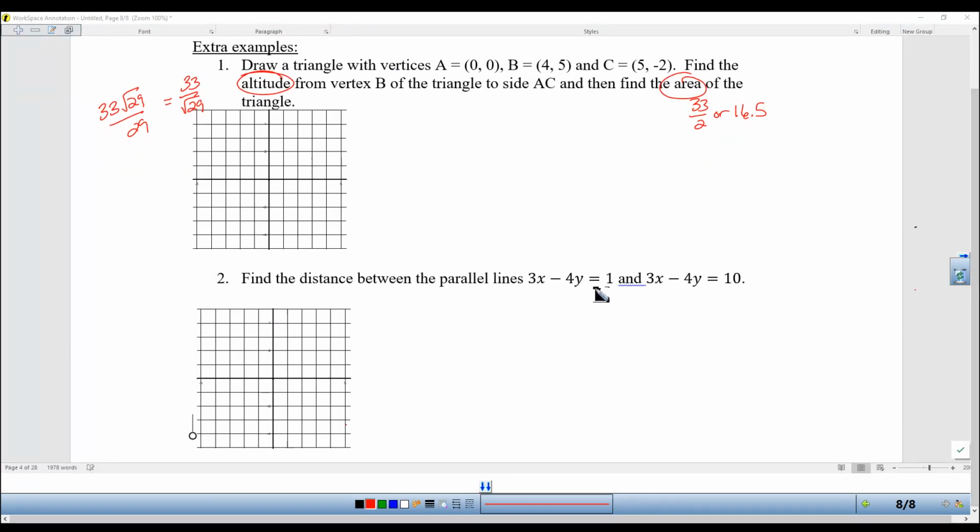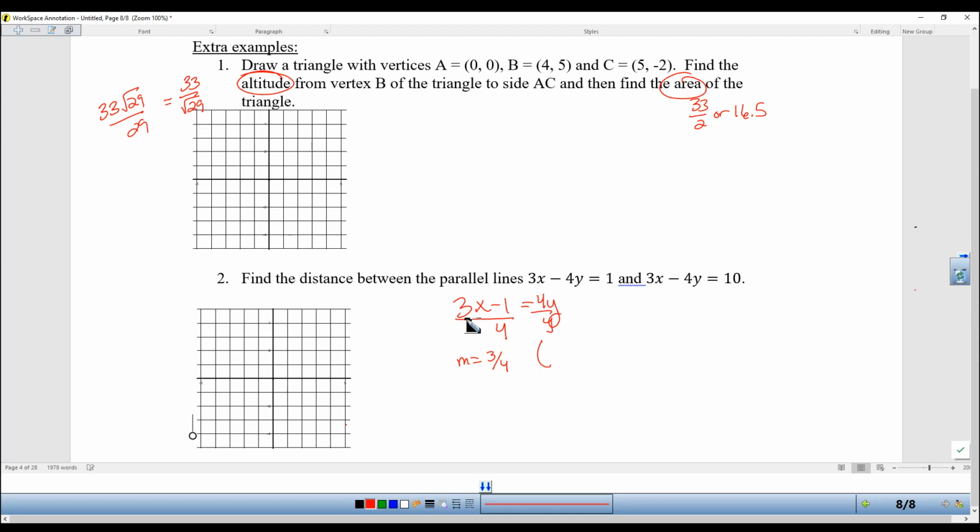So I can't use my little intercept method, so instead I'm going to move the 4y over and the 1 over. 3x minus 1 is equal to 4y, divided by 4, divided by 4. So I can see that this slope is 3/4 if I were to separate them, but I'm not going to separate them yet because I really want to get at least one good number that I can plot here.